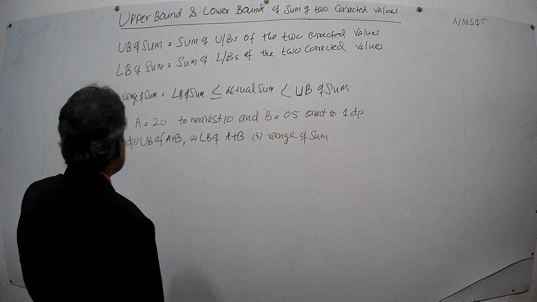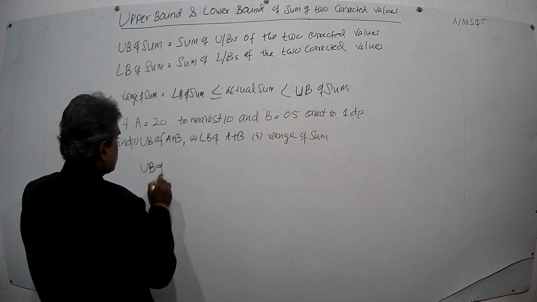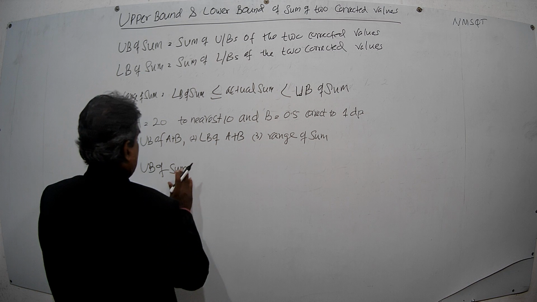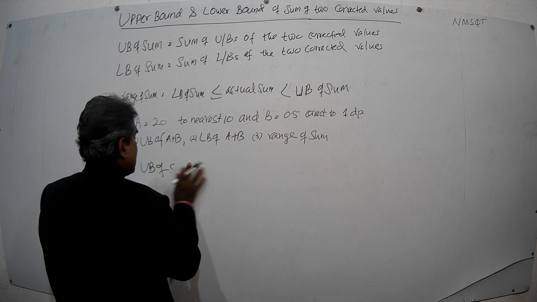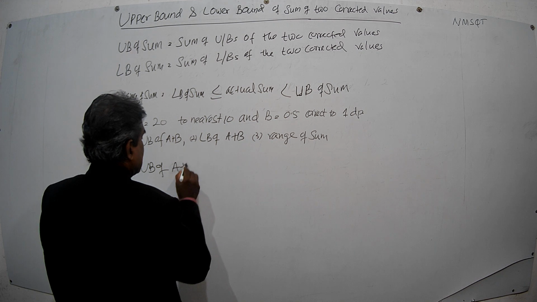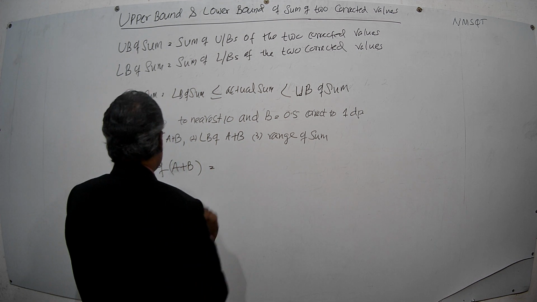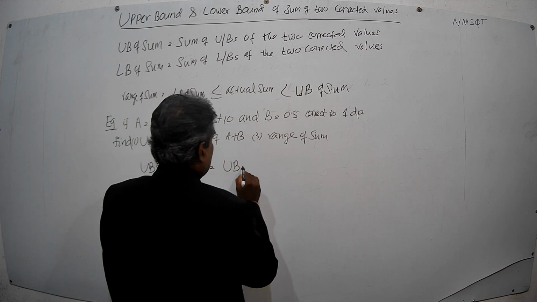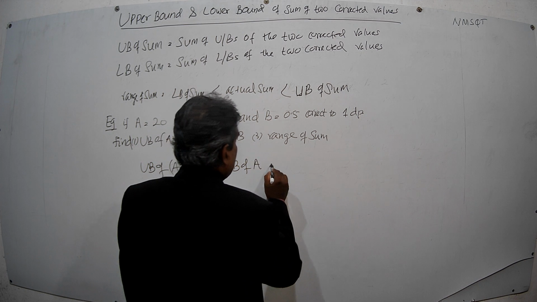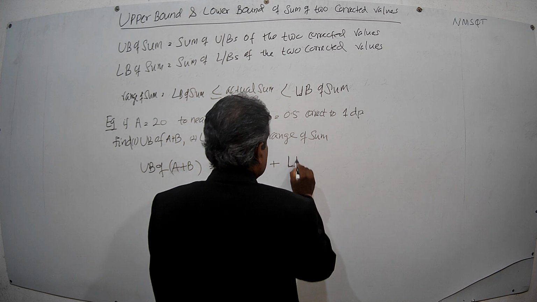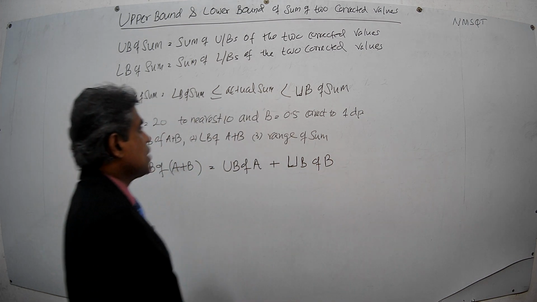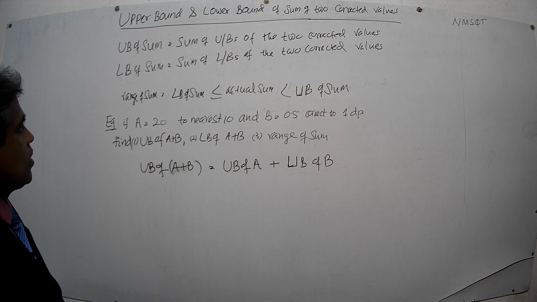What is the principle? We write the upper bound of the sum, upper bound of A plus B, equals upper bound of A plus upper bound of B. Now we will find them.